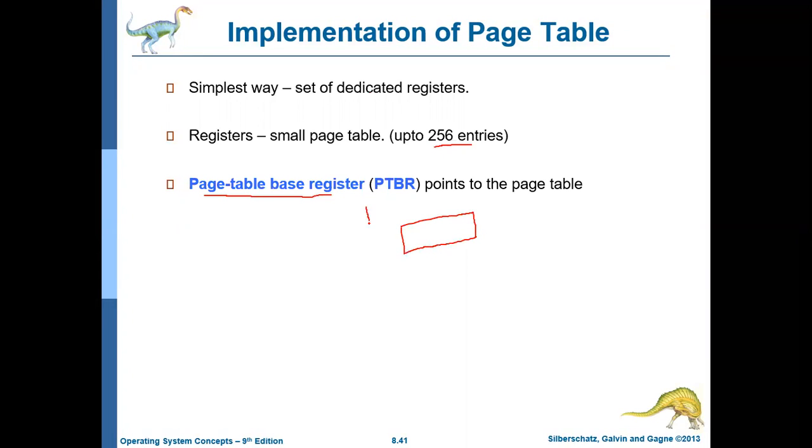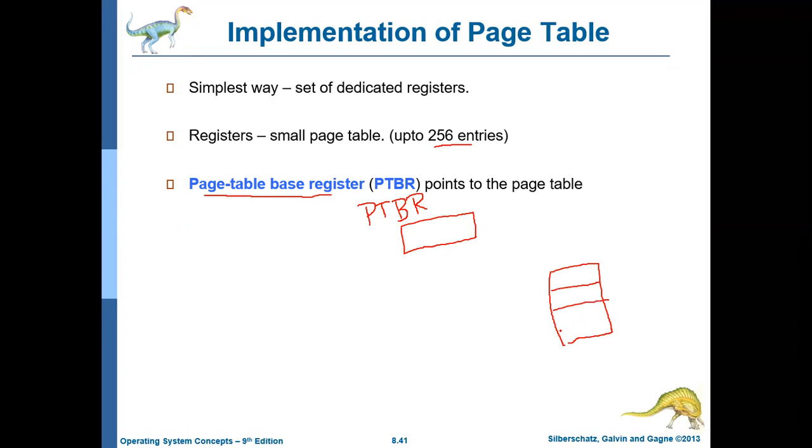Only one register will be used in the CPU, and that register will be called PTBR, that is, page table base register. This will refer to the starting address of the page table. And actually the page table will reside in the main memory, okay.